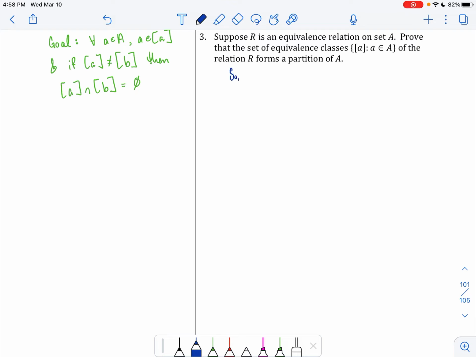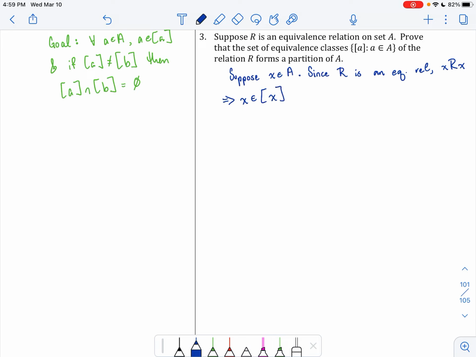So suppose that x is some element of A. Since R is an equivalence relation, we know that xRx is in the relation. Hence, and this is something we've touched on with previous notes, x is always going to be in the equivalence class of itself.